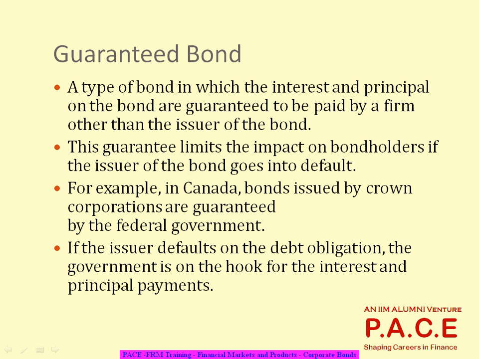Now, people may not trust me. What kind of company is this? Will it return the interest and the principal or not? So what I'll say is, I'll bring in a guarantor. In case I default, he will pay the interest and the principal. Probably a bank will act as a guarantor, or some other company will.